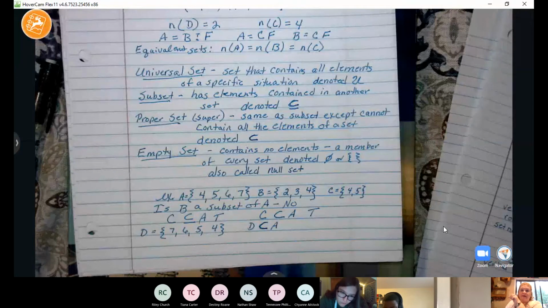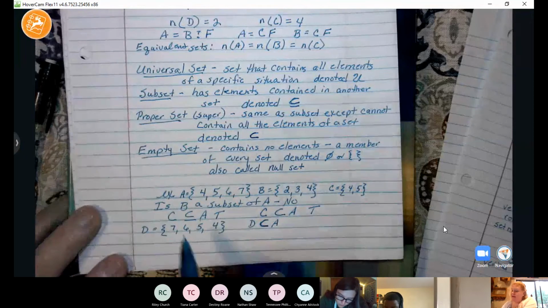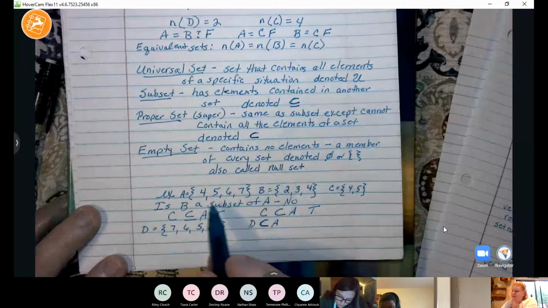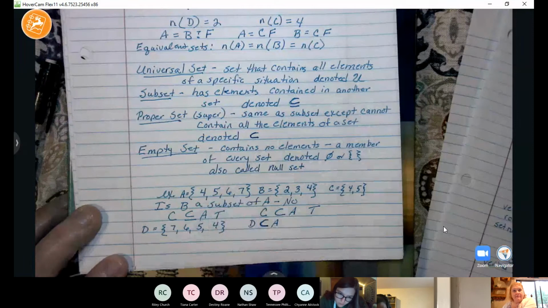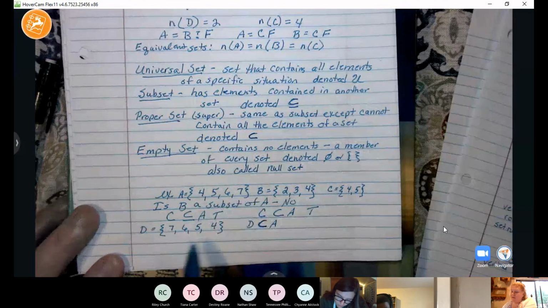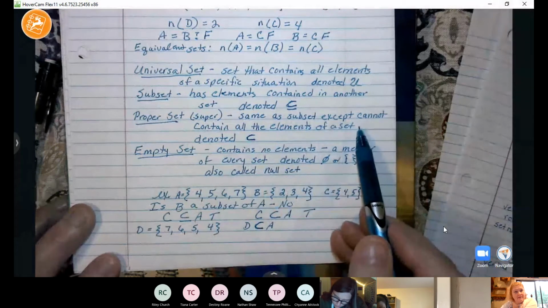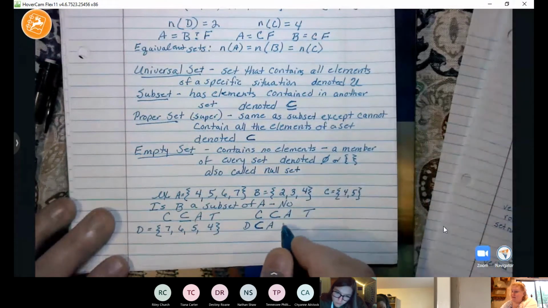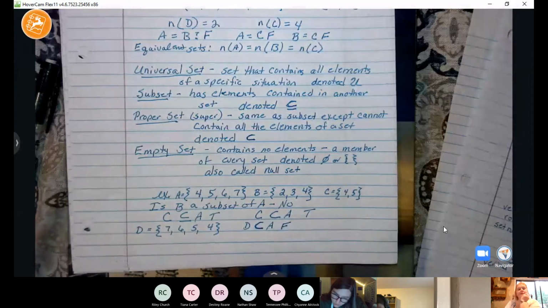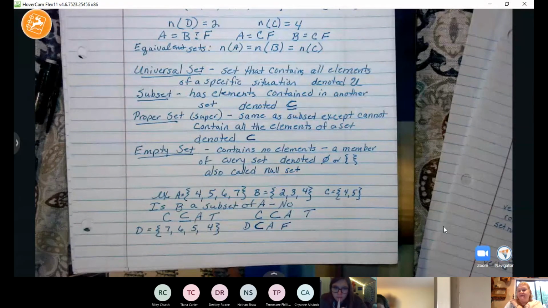We look at the actual elements. Every element of D is every element of A. And because you have every element, that makes it not be a proper subset. It can be a subset, but not a proper subset. Just some technicalities with the definitions.